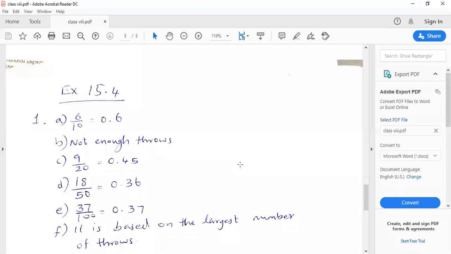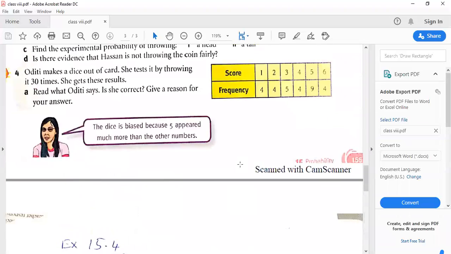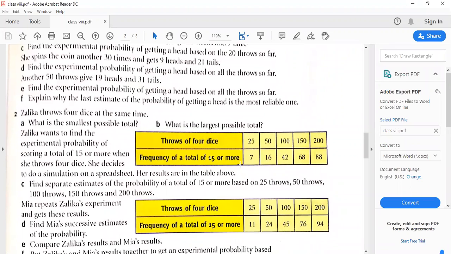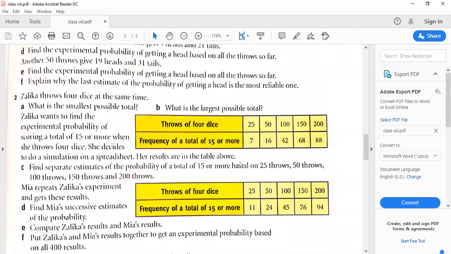Okay, now question number 2. Zaliga throws 4 dice at the same time. What is the smallest possible total? And what is the largest possible total? The smallest is 4, correct, because 1 plus 1 plus 1 plus 1 equals 4.